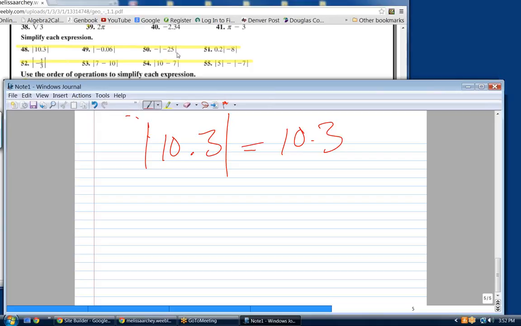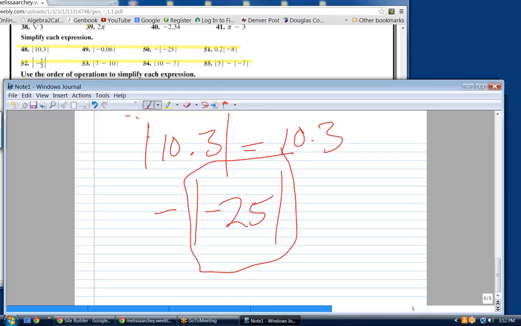Be careful on this one. Positive 25. No. That's why I said be careful. What would it be then if it's not positive? Well, let's do it step by step. To eliminate this part of it, what's that equal to? Negative 25. No. Absolute value of negative 25 is 25.